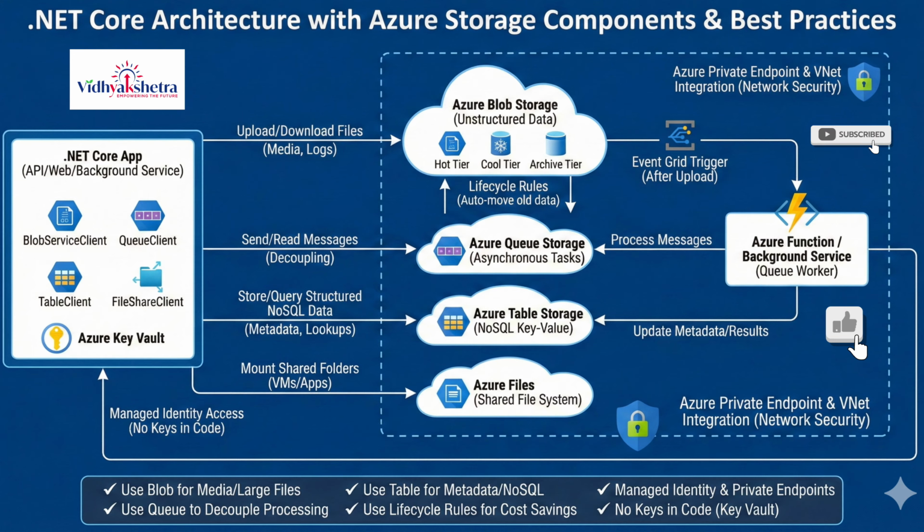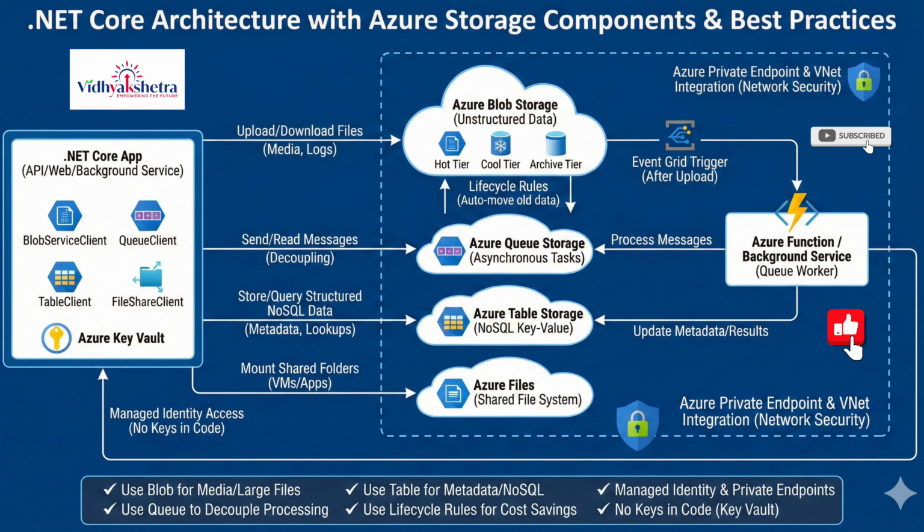Hot tier: frequently accessed files. Cool tier: infrequent access, cheaper storage. Archive tier: lowest cost, retrieval delay acceptable. Using lifecycle rules, we can automatically move older data from hot to cool to archive based on policies. This helps organizations optimize storage cost without manual intervention.